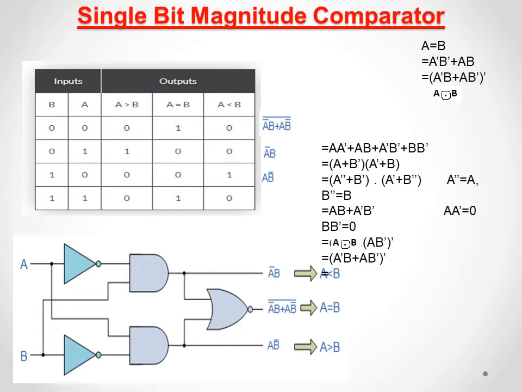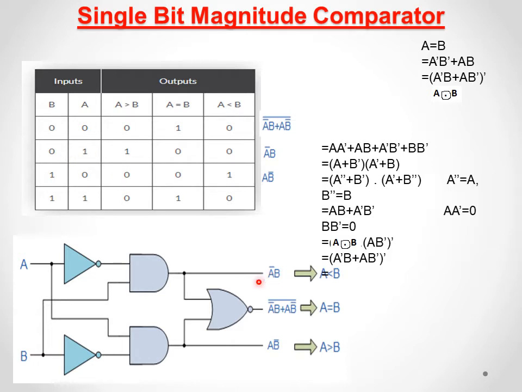Now from this truth table, the output for A equal to B is A bar B bar plus AB, which is equal to A exclusive NOR B. The A less than B output corresponds to A bar B, and for A greater than B the output is A B bar.